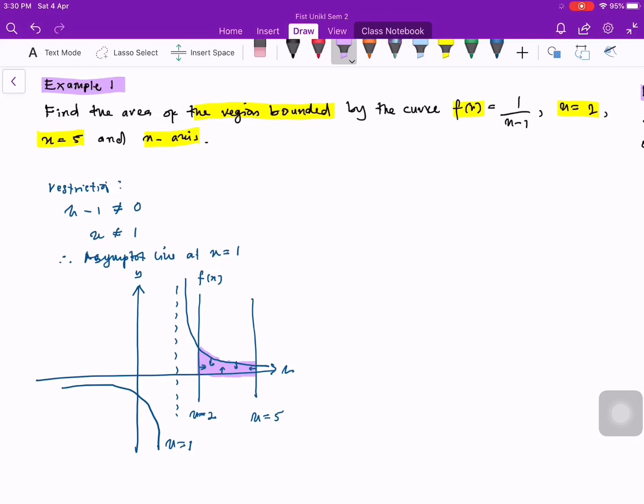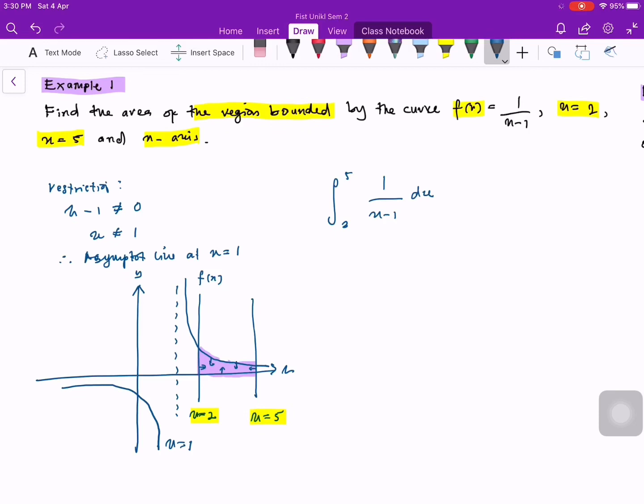To find the area of this bounded region, we're going to do the definite integral, since it involves a function of x and the x-axis. So our limits of integral are x equals 2 and x equals 5. So we calculate the integral from 2 to 5 of 1 over x minus 1 dx.